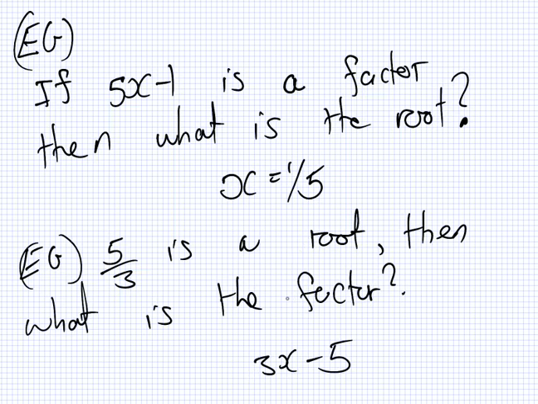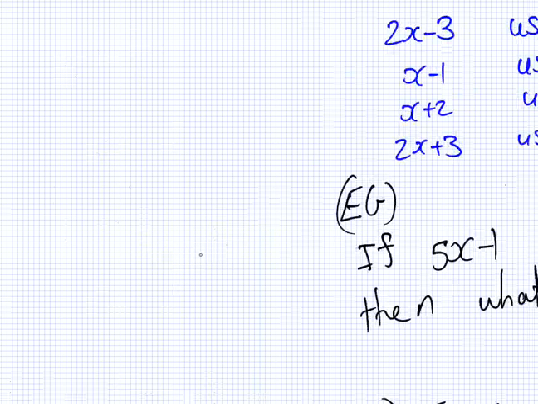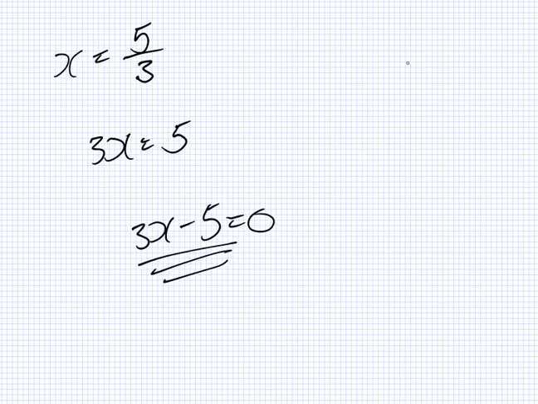And you might be thinking, well, what do you do if you have something like px plus q, if you have two numbers like this? Just to be clear, if you had 2x minus 3, you use 3 over 2 for the k. If you had x minus 1, what do you use for k? 1.